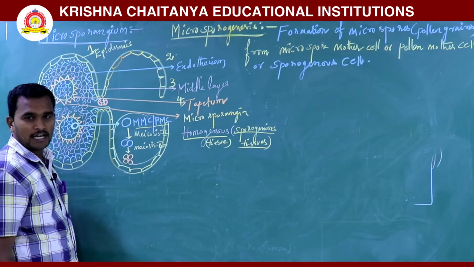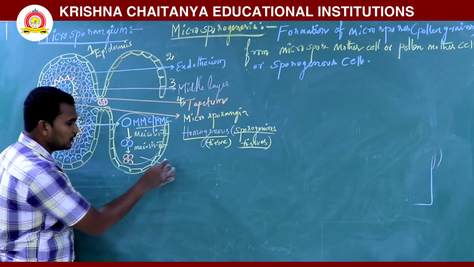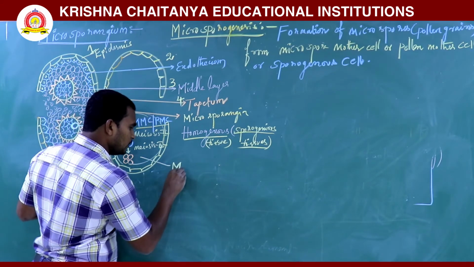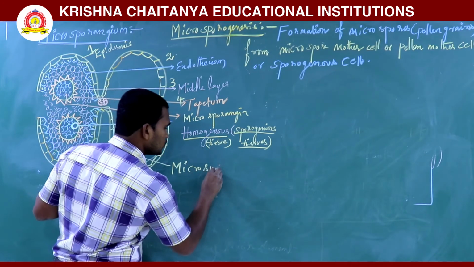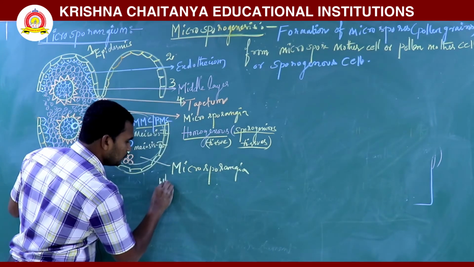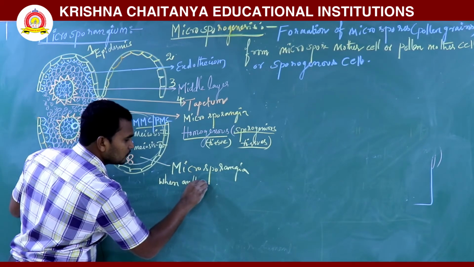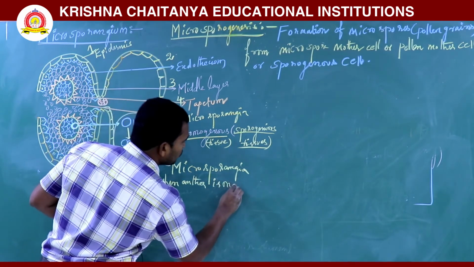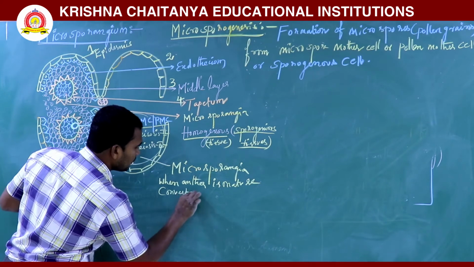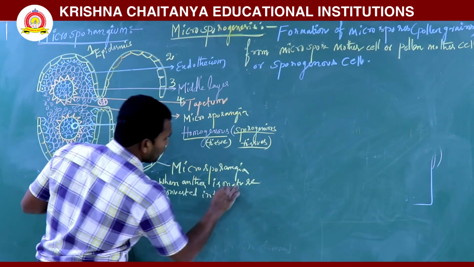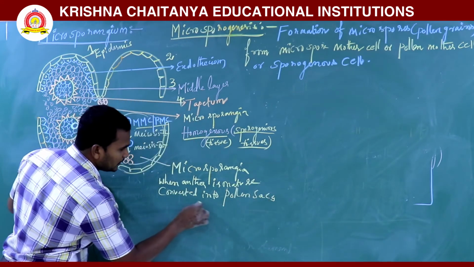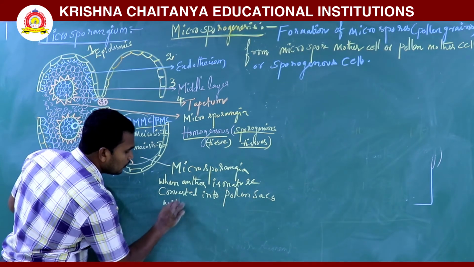When the anther is mature, it is converted into pollen sacs. Pollen sacs with pollen grains.